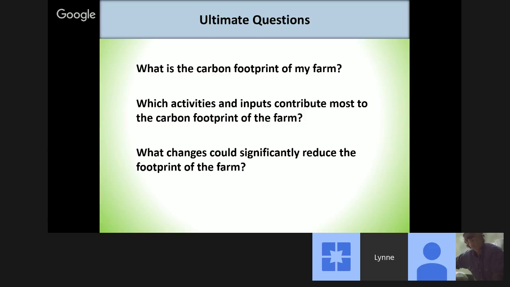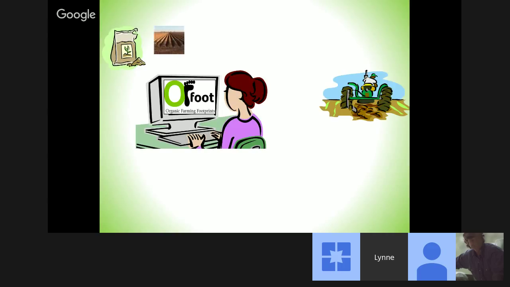So the questions for the producers were, what is the carbon footprint of my farm? What are the activities and inputs that contribute most to the carbon footprint of the farm? And what changes could significantly reduce the footprint of the farm? So the OFoot tool, again, OFoot 1.0, is actually live online. You can go to ofoot.wsu.edu, and a version of it is live there.